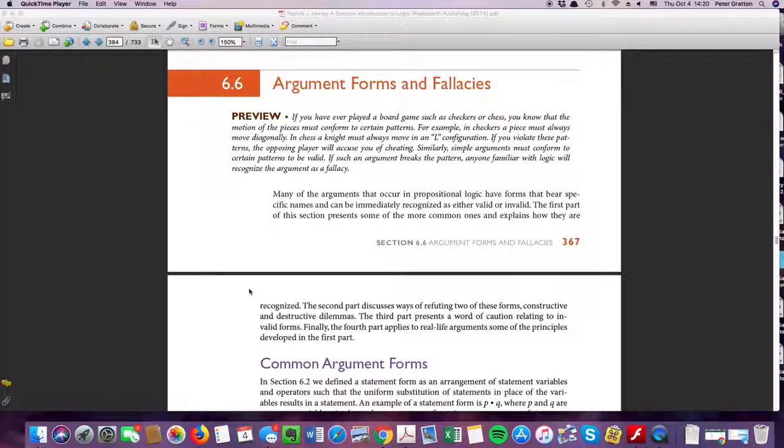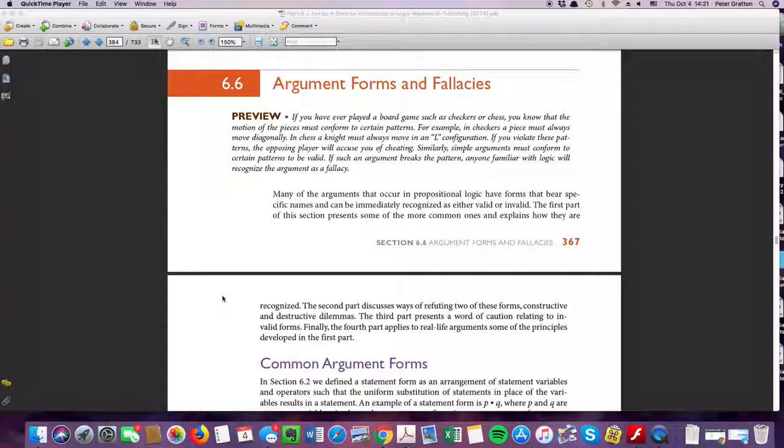These are common ones, and as the chapter makes clear, they're often used in debate, in arguments that you see on TV and so on, or in the newspaper, even if you don't recognize them as such. In other words, the claim of the textbook and of certain logicians is that this is how we ought to think.